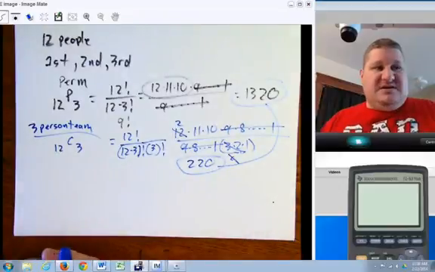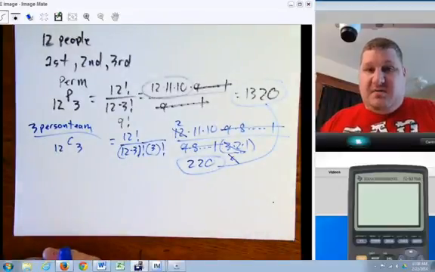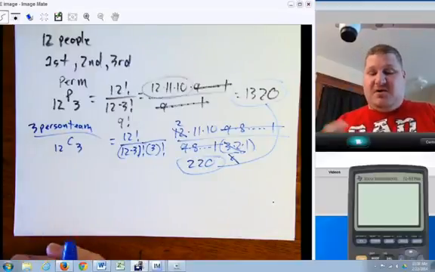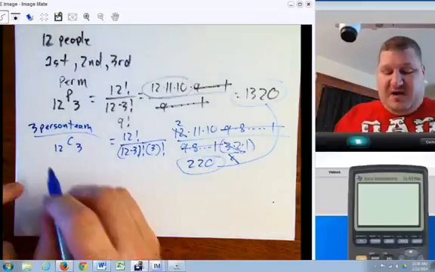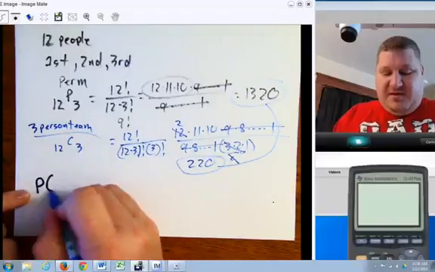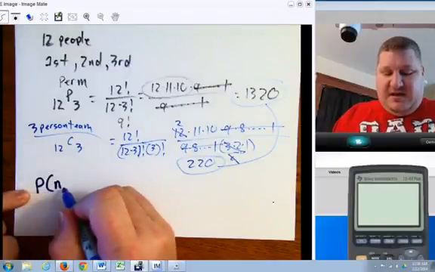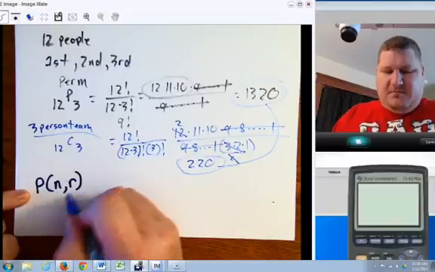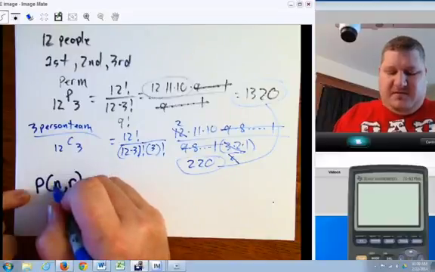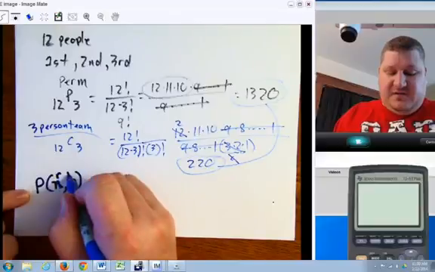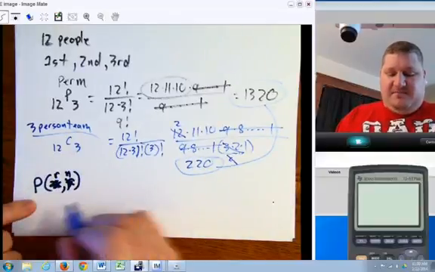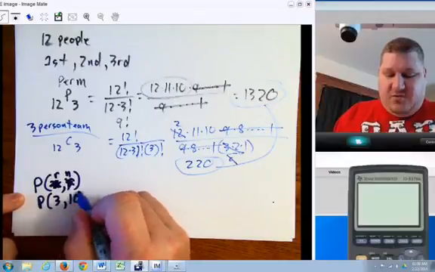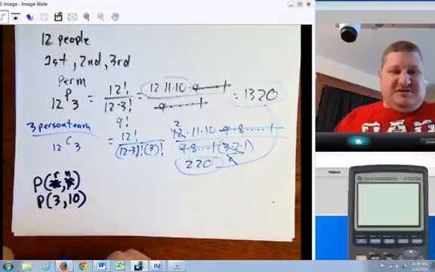All of this comes into play when we start talking about permutations, combinations, and we start talking about binomial probability. Because remember, binomial probability, actually probability of r out of n, excuse me, probability of r out of n, probability of getting 3 right on a 10 question multiple choice test.